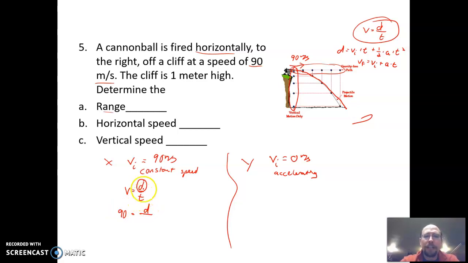The time we don't actually know. They don't tell us in the problem. If we don't know it on one side of the problem, we can actually go to the other side to solve for it. And that's where we're going to use the second equation. So we're going to write this out. Equals vi times t plus 1/2 at squared.